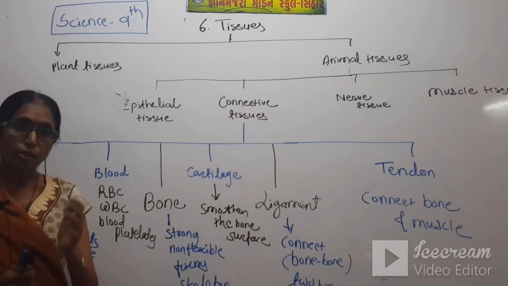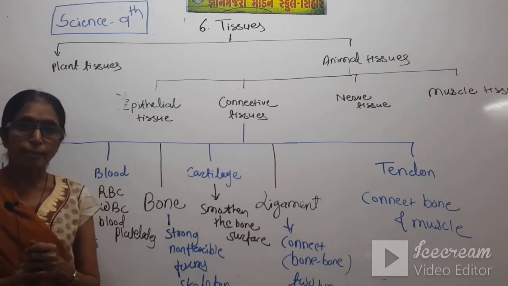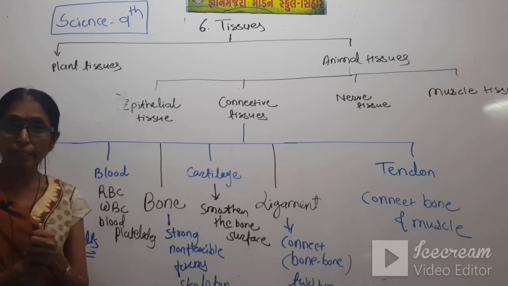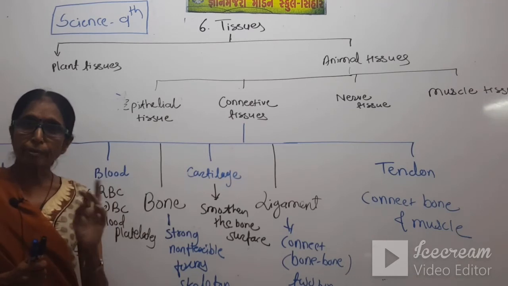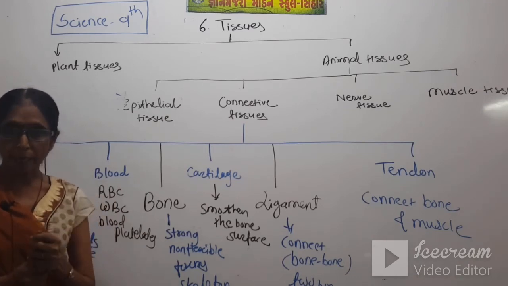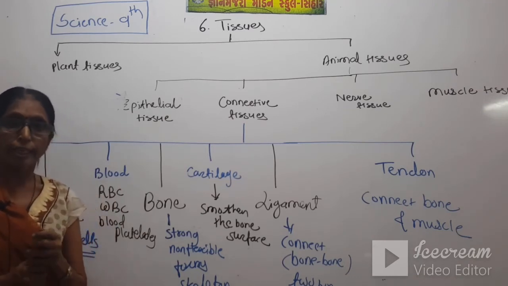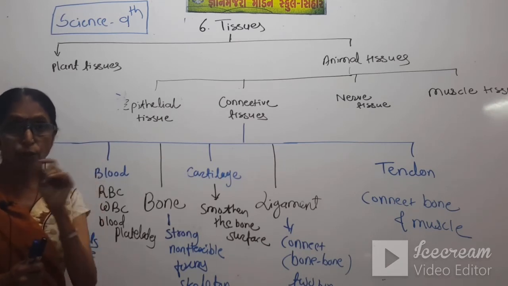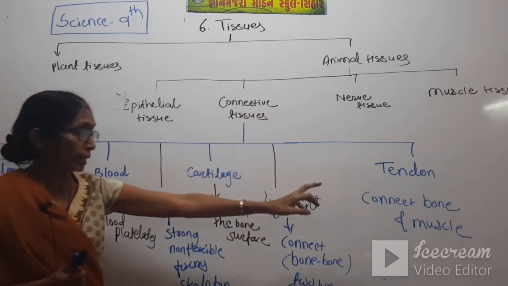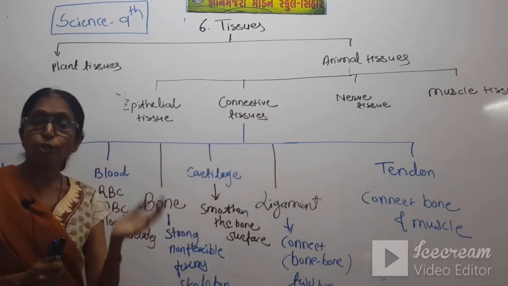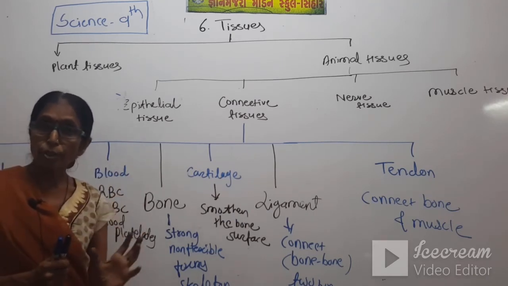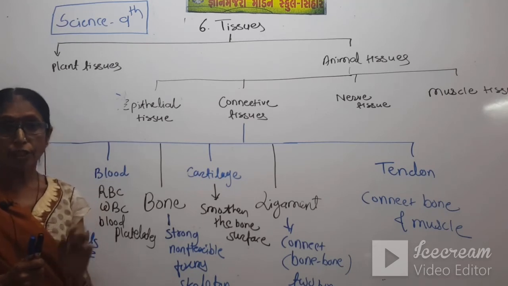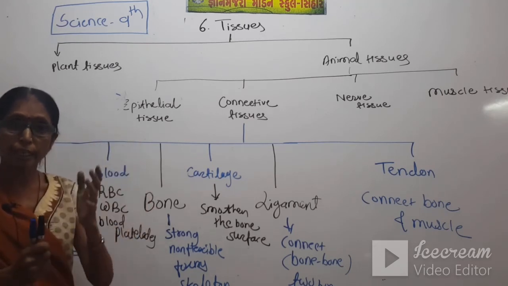Sometimes the doctor may say that a ligament is damaged. So what is the meaning? It means the connection between bone and bone is getting damaged. And what is tendon? It connects bone to muscle, students. So MCQs, long questions or even classification can be asked.